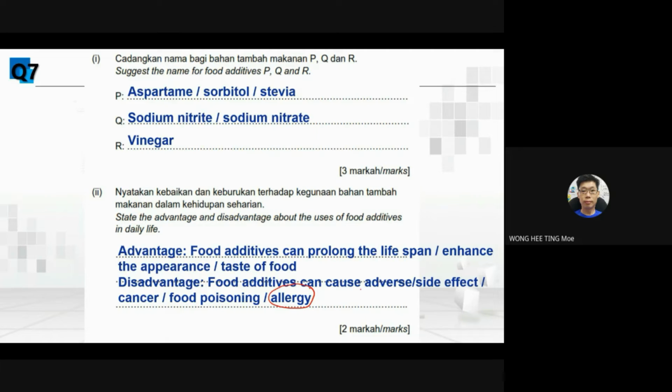Cancer, if you use a lot now, right? If people always eat food additives like MSG for a very long time, then it will cause cancer. Okay, so any one advantage, one disadvantage.